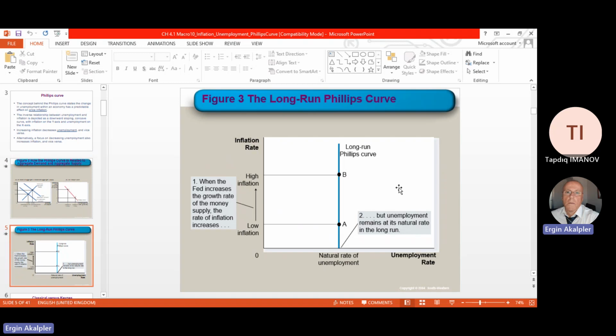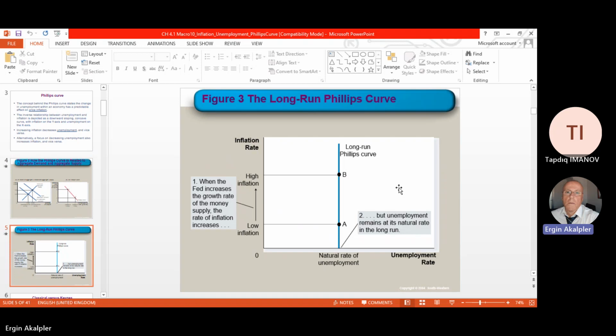As much as you increase the inflation or the general price level, this will not affect the unemployment rate. In the long run, unemployment remains intact to price changes.